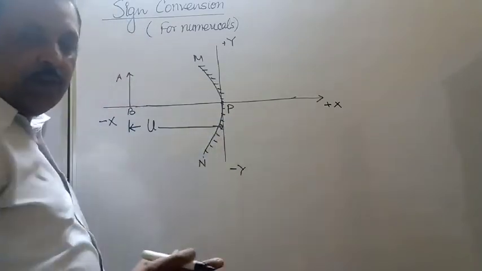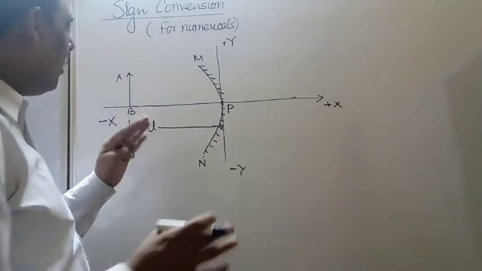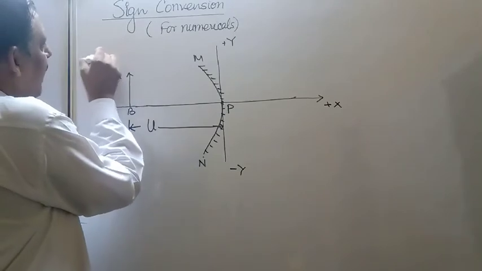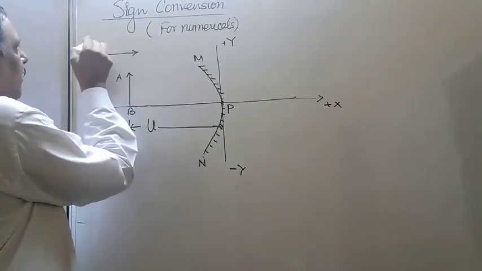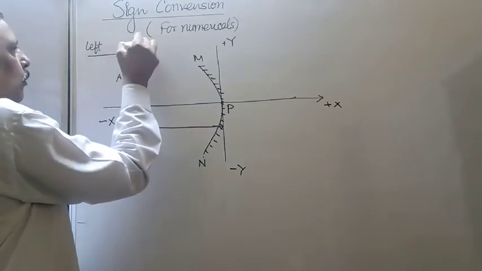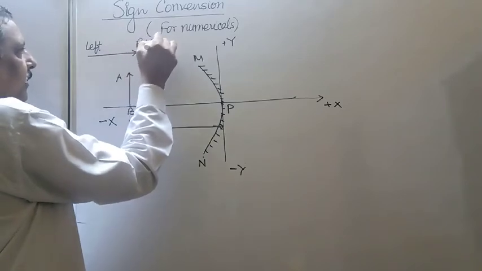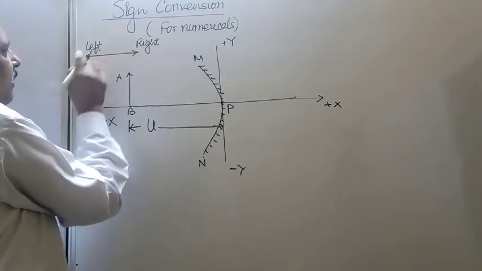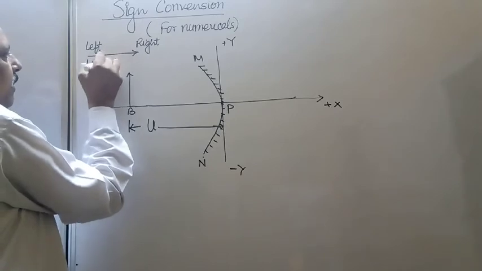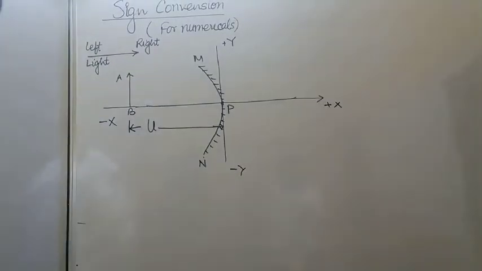All distances we measure from the pole, and we consider that light is coming from left to right. This is light, coming from left to right.